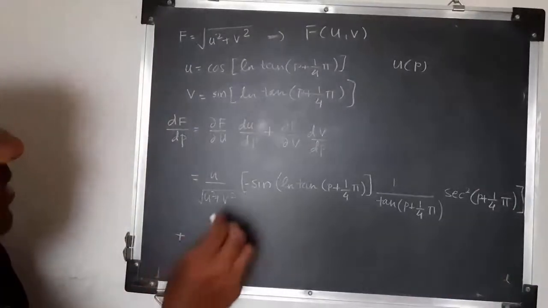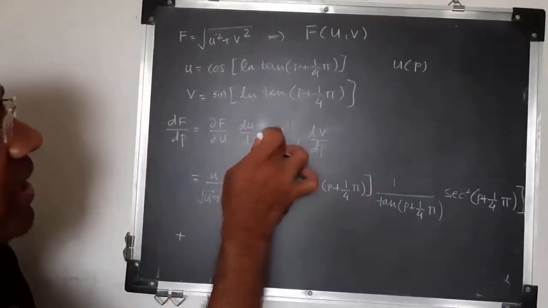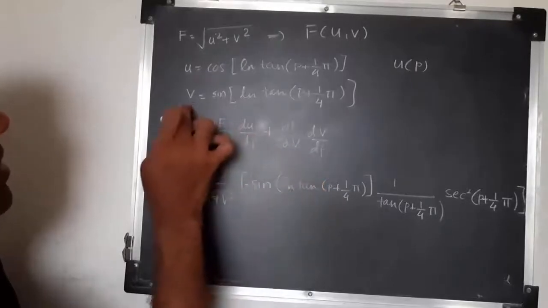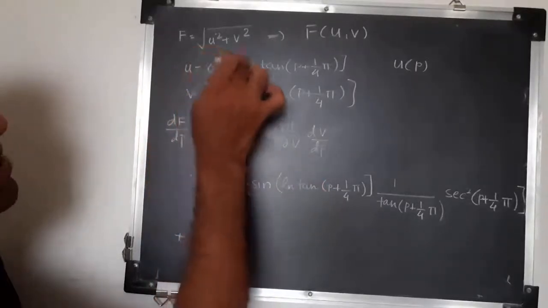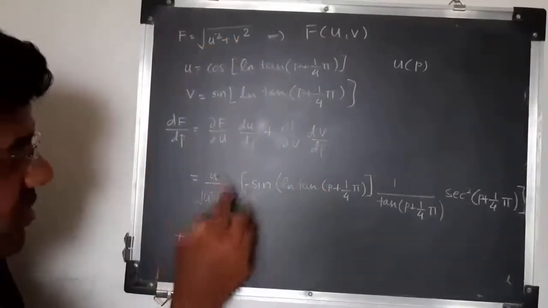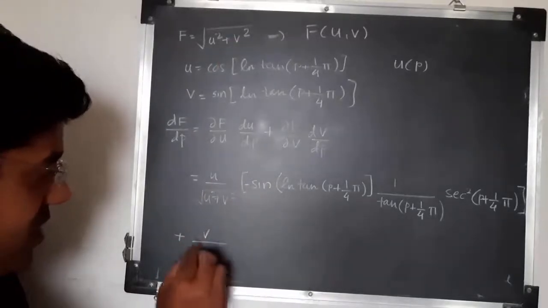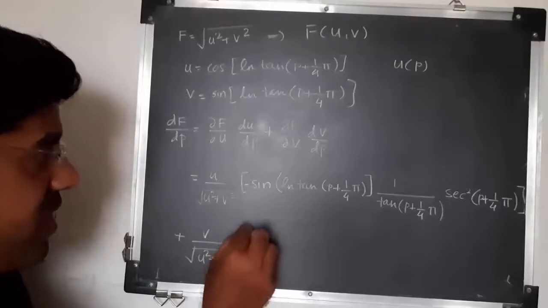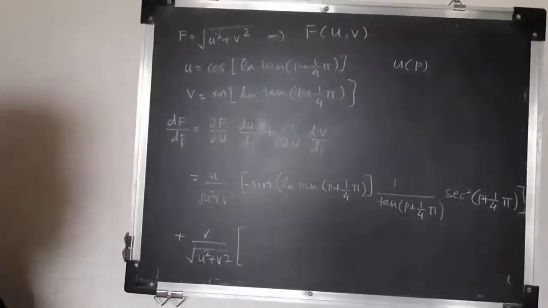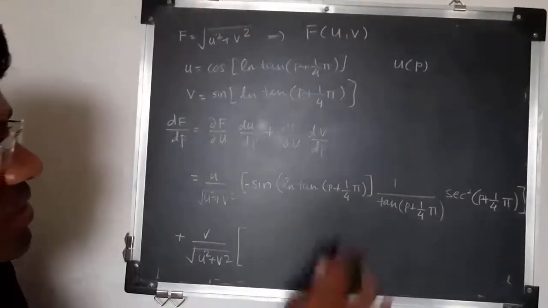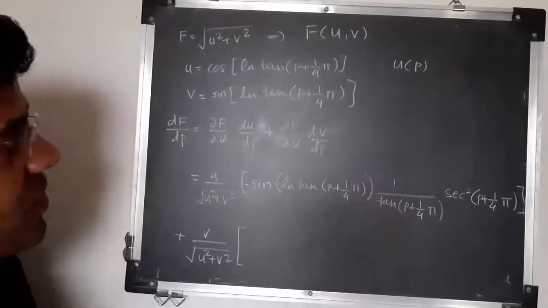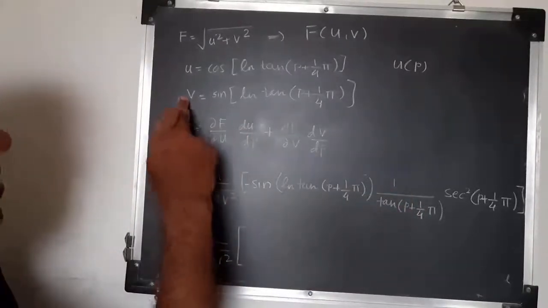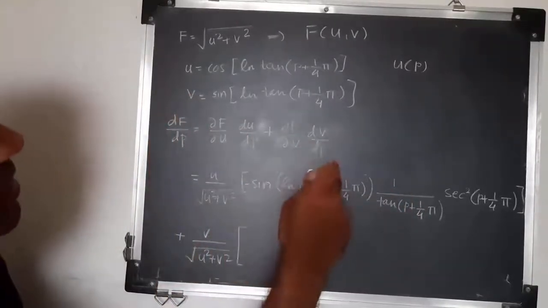Plus here you will get the same thing, dA by f by dA by v. dA by f by dA by v is nothing but this with respect to the v. So instead of u, you can write v under root of u square plus v square. Okay, so this is dA by v by dA by p.